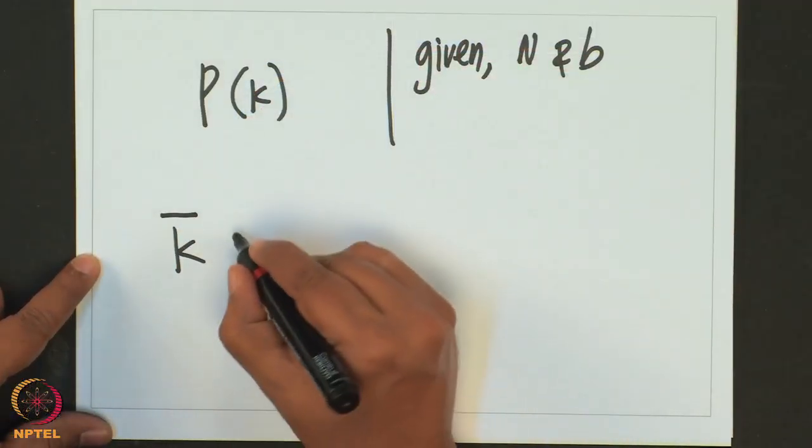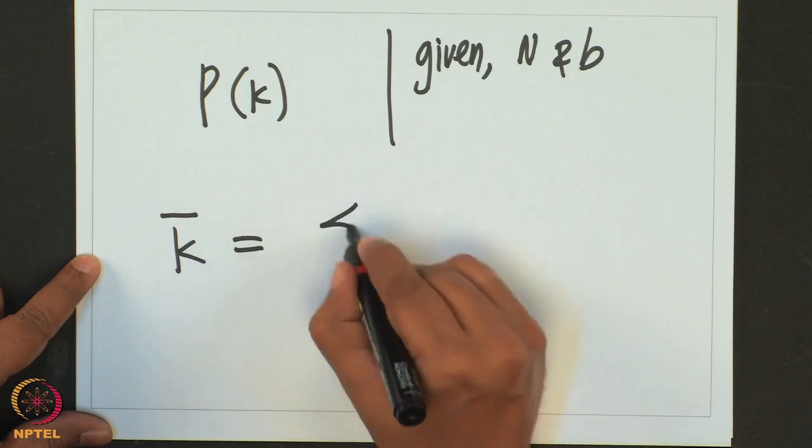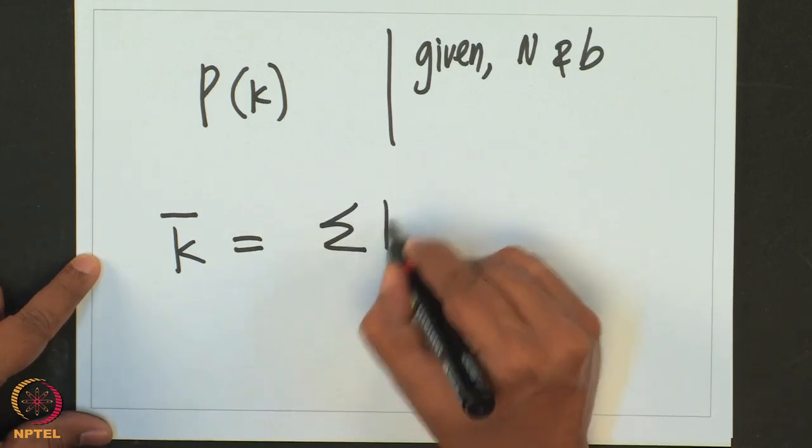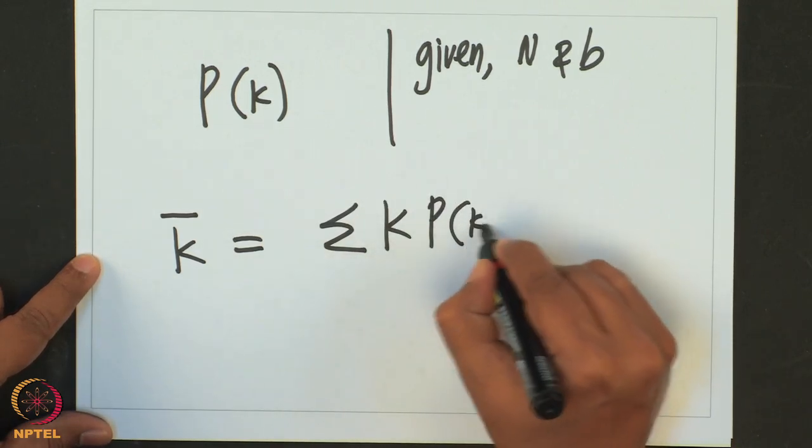Equivalently, I could go to different hospitals, for example, and look at a group of 10 births, and ask out of these 10 births in different hospitals, what is the average number of girls born on a particular day? This can be written as k bar, and this is nothing but the sum over k p of k.